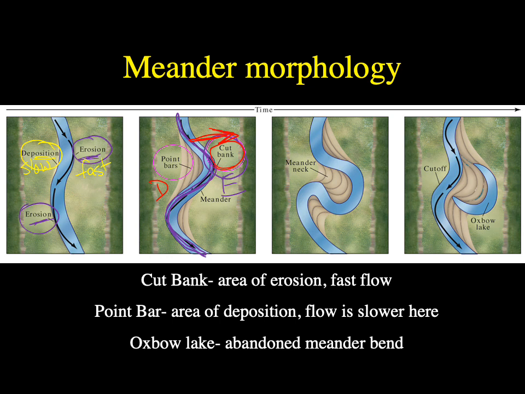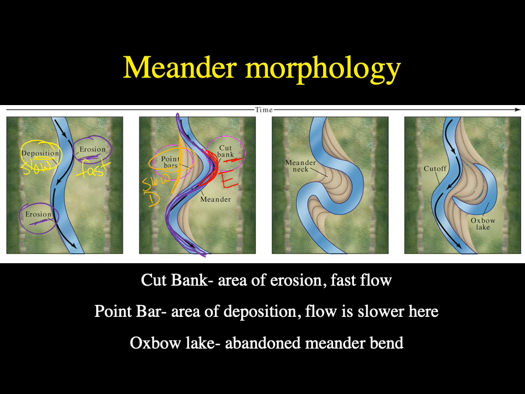Remember, the zone of erosion is where we are cutting into the bank, right? So we call that the cut bank. The cut bank is the outside of the meander bend, the outside of the meander where we have erosion. And then on the inside of the meander bend, right here, this inside where we're having slow movement and deposition, we collect what are called point bars, okay?